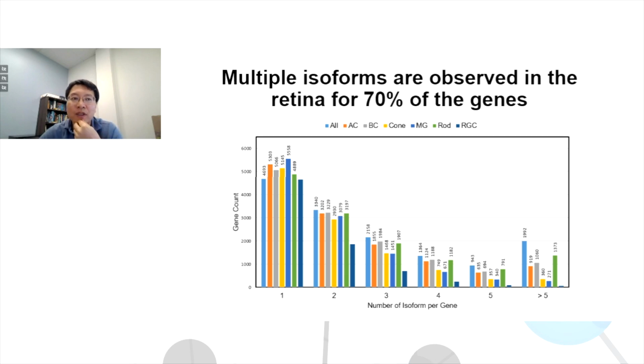Because 10, 15 years ago, when people did short read sequencing, they covered it. The conclusion is that maybe 90 or 95% of the genes in the genome have different isoforms. But still, what is amazing to me is that even after removing all the slightly low expression isoforms in our filtering stage, and looking at just the eye retina, just one very simple tissue, we already have 70% of genes with different splicing. So isoforms are actually very abundant.